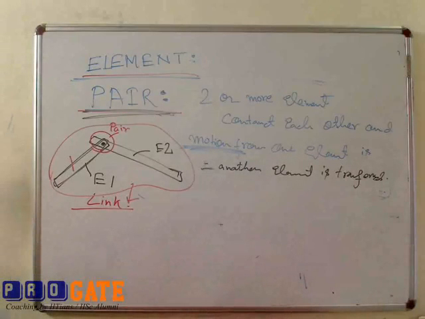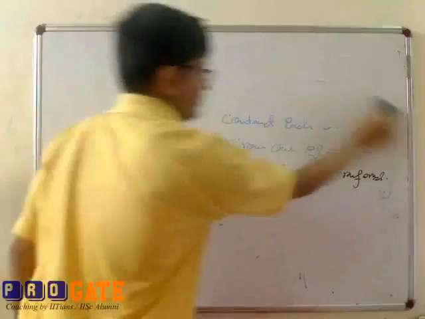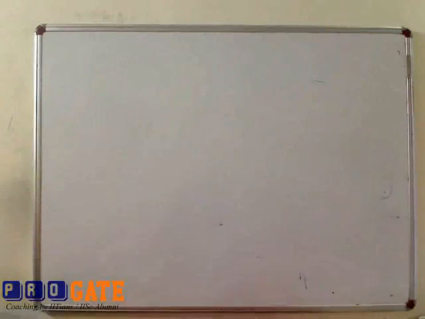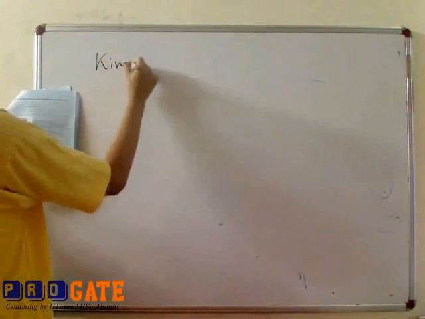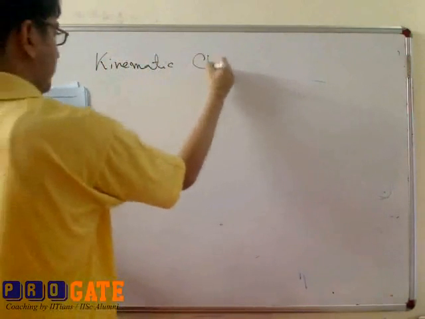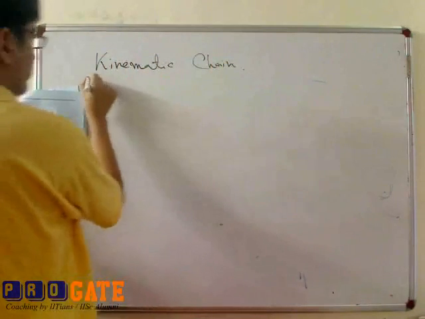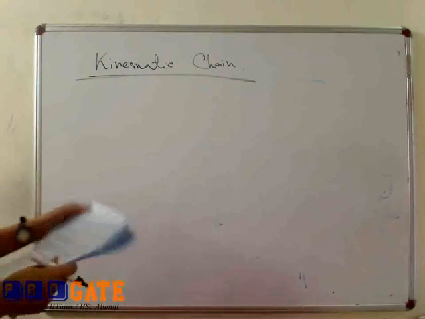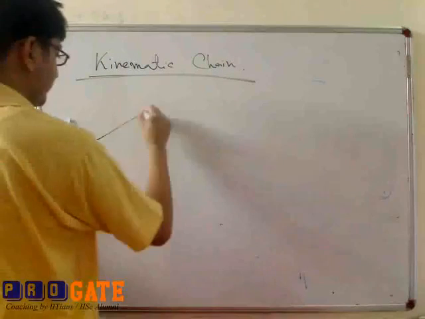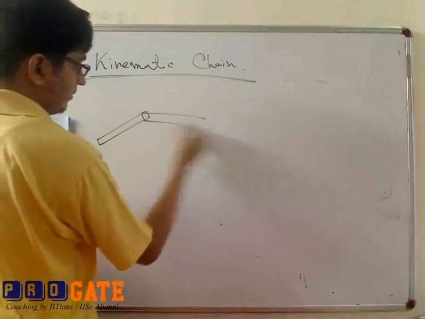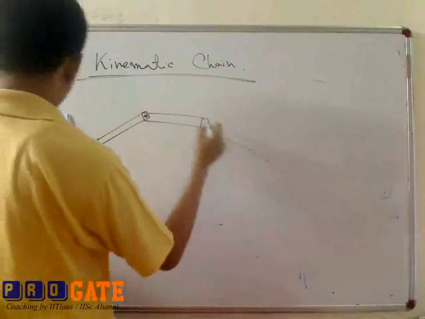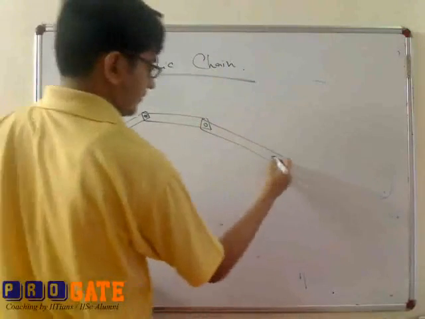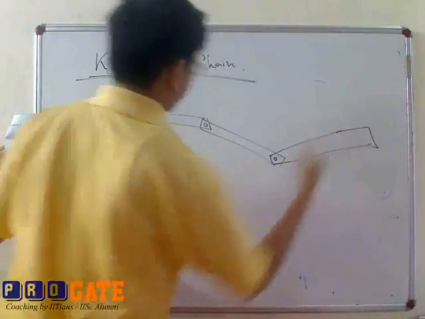Now kinematic chain. When a group of links are joined by pairs, say this is one link, this is the second link, this is the third link.